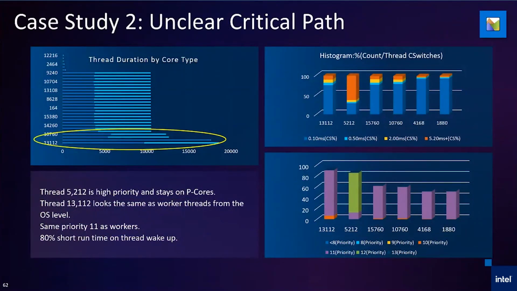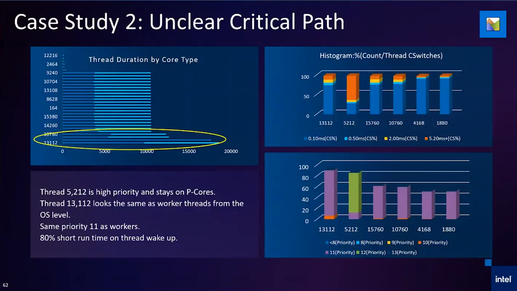The other thing to bear in mind is that one long duration thread that's spending time on E-cores. This comes down to the fact that the OS basically can't tell them apart from the worker threads. You can see here that there is one thread, 5,212, which looks very different to every other thread in the application, and this one does spend most of its time on a P-core. It's running at a slightly higher priority, and when it does run, it runs for a longer duration, 5.2 milliseconds plus.